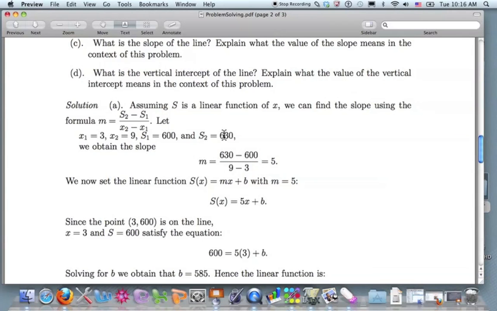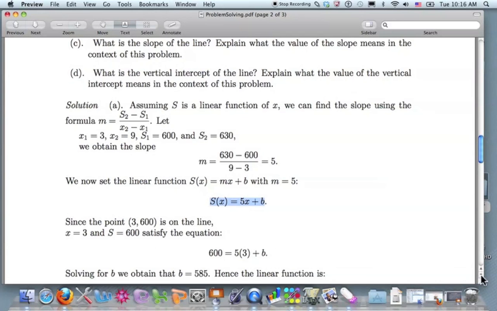We always use the larger x value in front, so the denominator is always positive. Just notice that since 630 corresponds to 9, they have to be in the same position. Then we get m equals 5, and plug in S equals 5x plus b, and then use (3, 600) as a point.